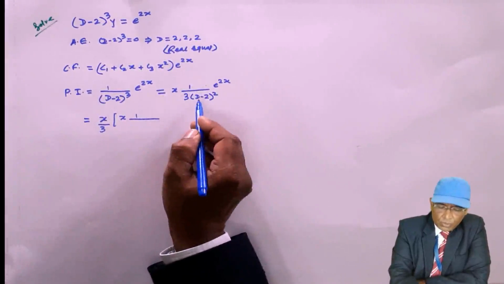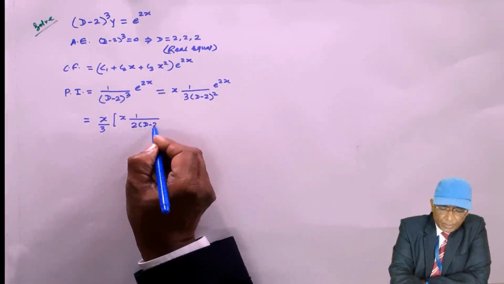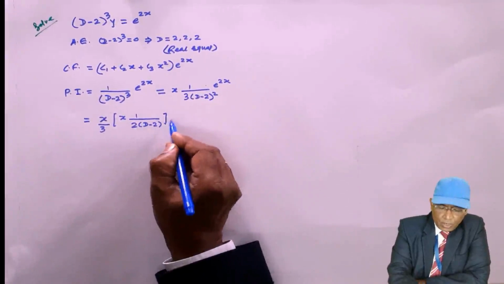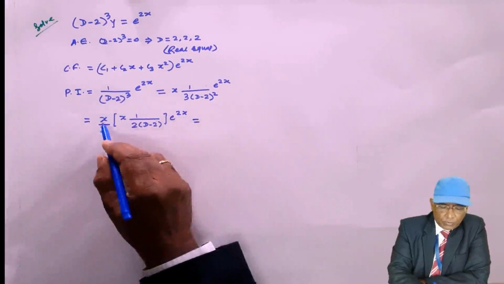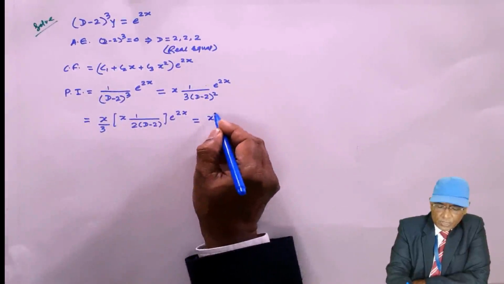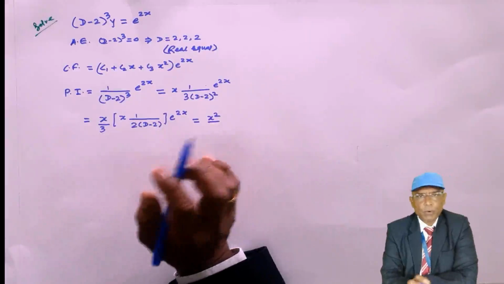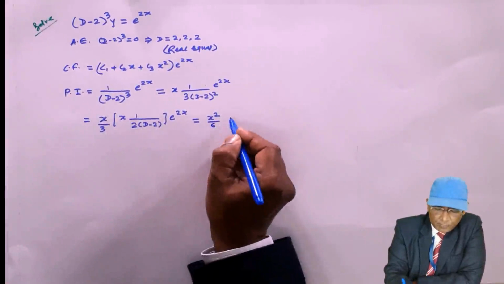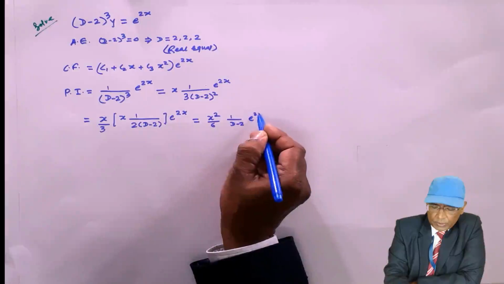I have written x outside the operator and take the derivative of (d minus 2) whole square, which is 2(d minus 2). Operate the operator again. x into x is x square because it is outside of the operator. If anything is outside of the operator, no need to worry about that particular term. 3 into 2 is 6, I am writing. 1 by (d minus 2) is remaining, e to the power 2x.